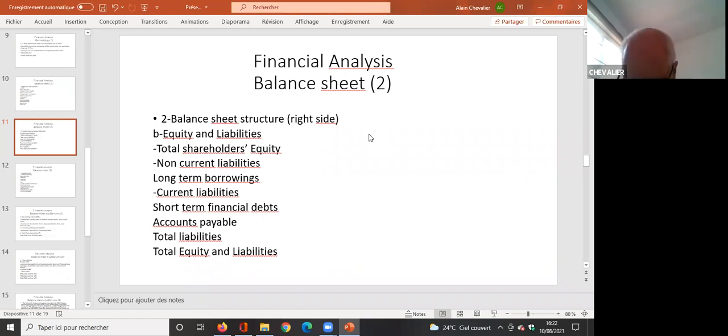Again, be very careful. All these numbers, with the exception of accounts payable, which is debt to the providers, are without VAT. Accounts payable are incorporated in the balance sheet with VAT.